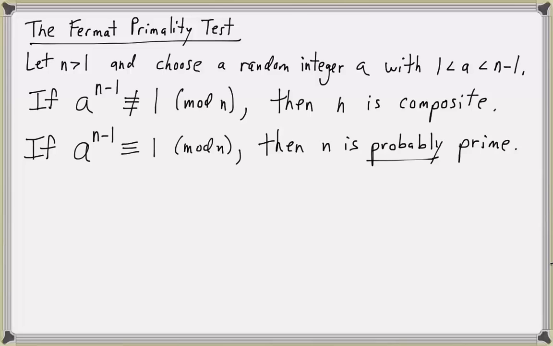Let's see an example of the Fermat primality test and the basic factoring principle. I want to show that 55 is composite.